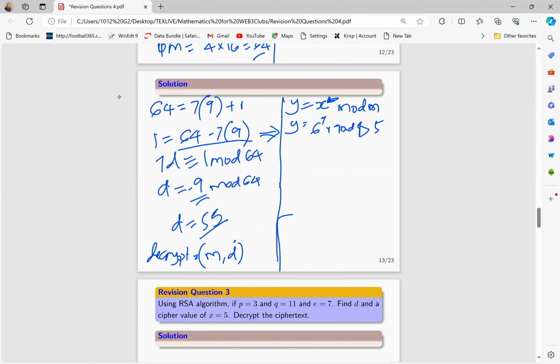Those are small numbers, so just multiply straight away and divide by 85, and take the remainder.